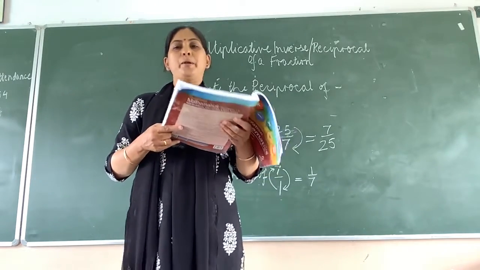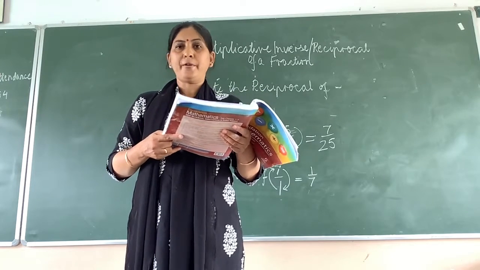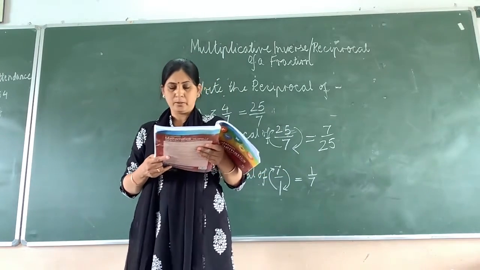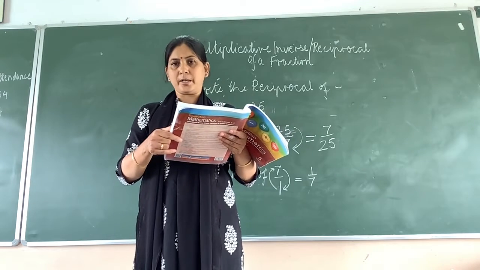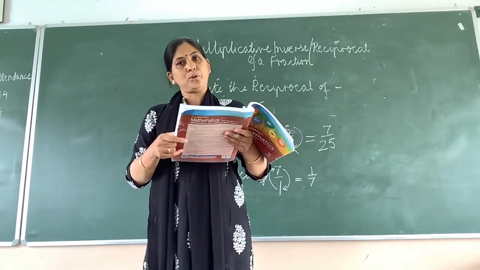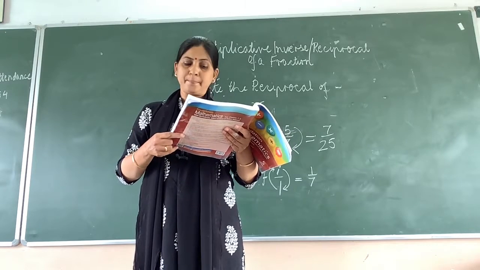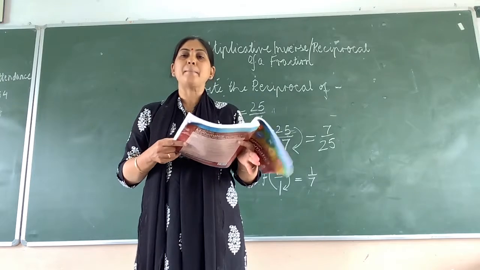Now children, page number 69, exercise 4M. There are two questions given. The first question is fill in the blanks. I have already explained that it is based on the multiplicative inverse or reciprocal. I will pick up question A and send it to you. You will do it in your book. Then question B: you have to find the reciprocal of each of the following. There are 10 numbers given.